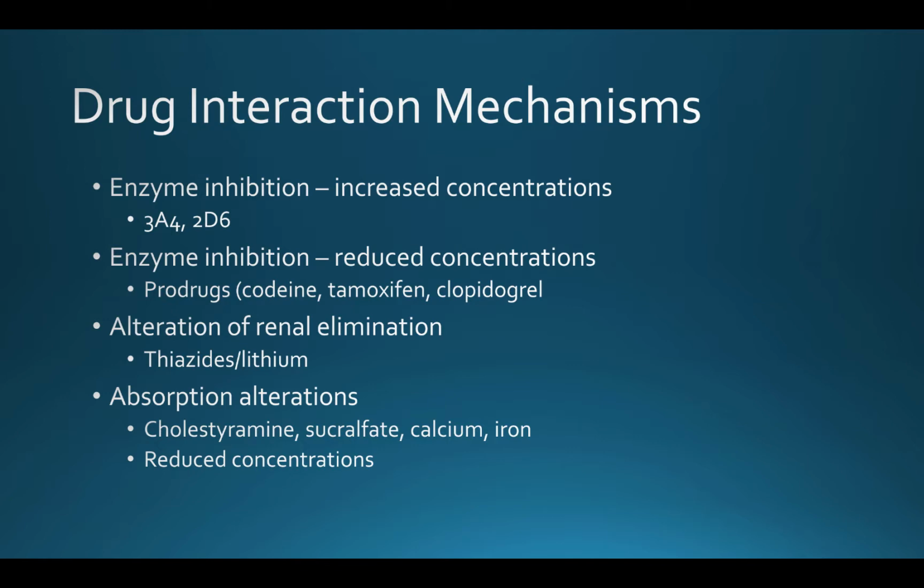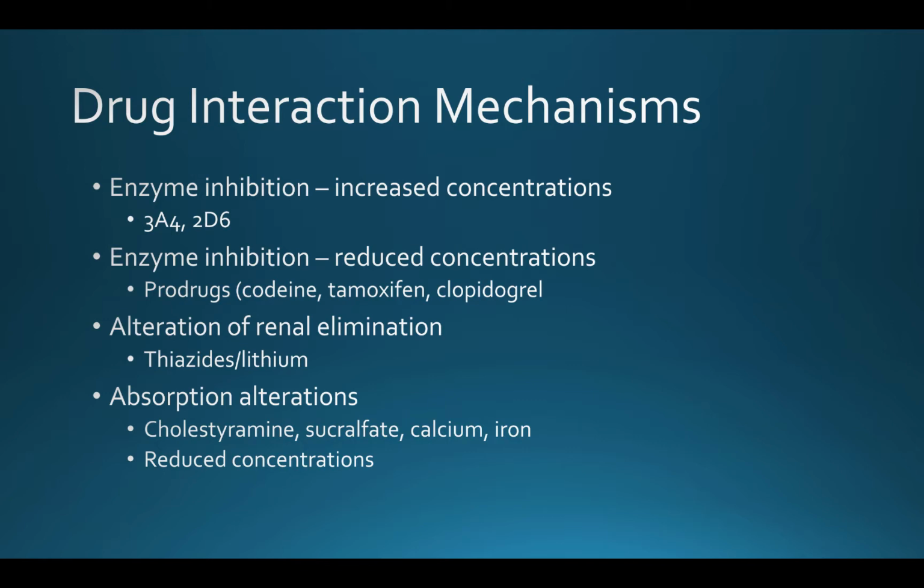In codeine's case, that's converted to morphine. And if we have a 2D6 inhibitor on board, we can prevent that conversion to the active metabolite. Therefore, that would lead to a reduced effect, reduced concentration of those type of medications.